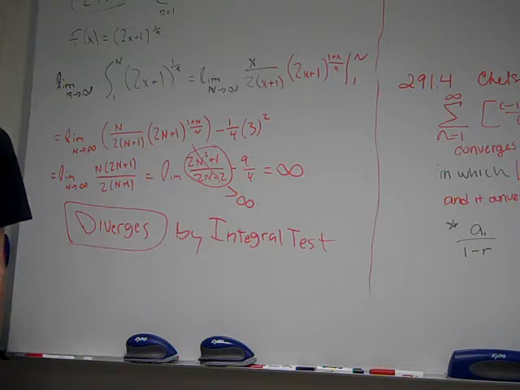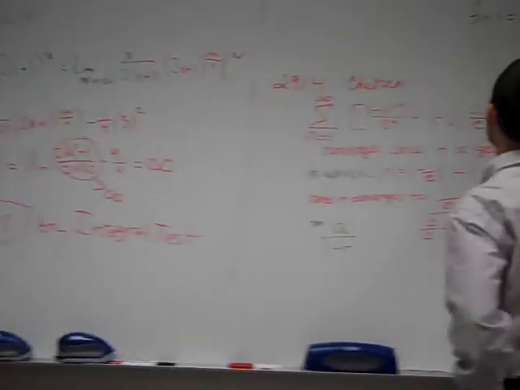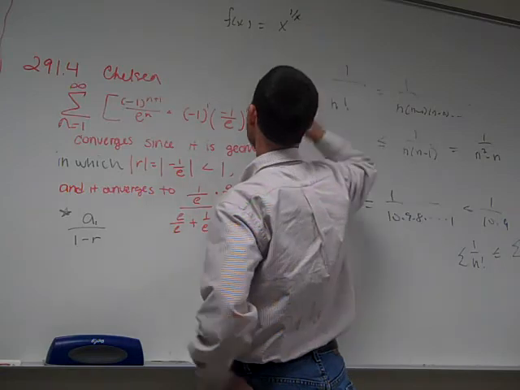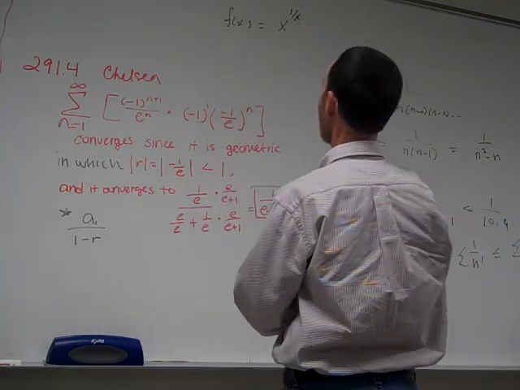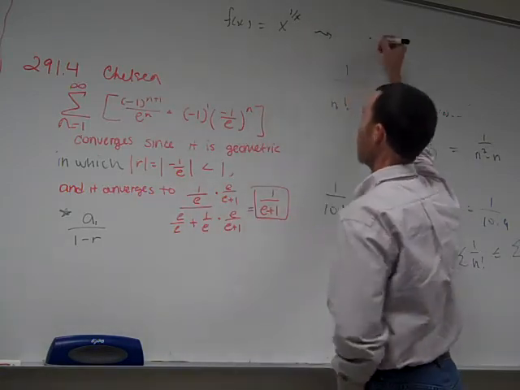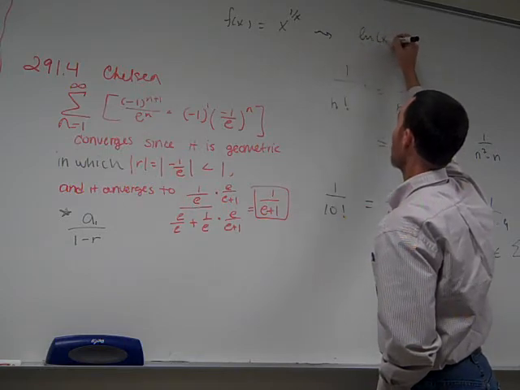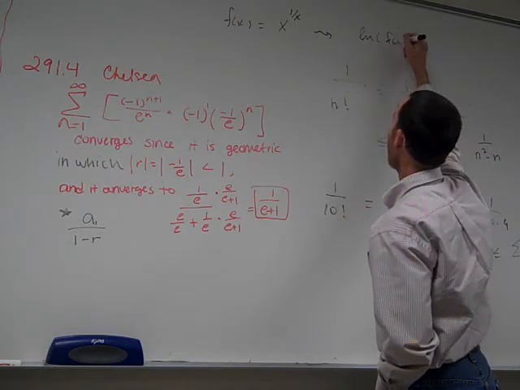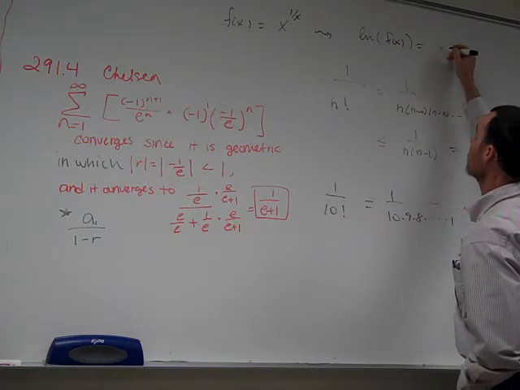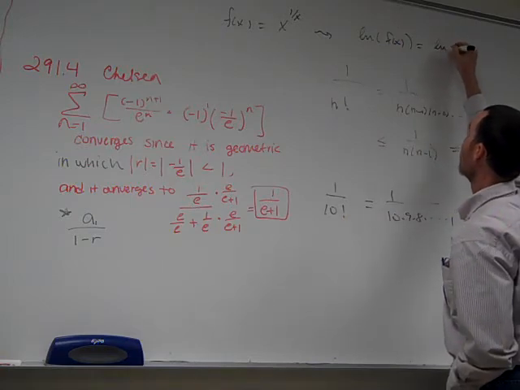Right. If you've got something like f of x equals, say, x to the 1 over x, and you want to take the derivative of that, we worked really hard to take the derivative of things like that last semester. You have to take the natural log of both sides.